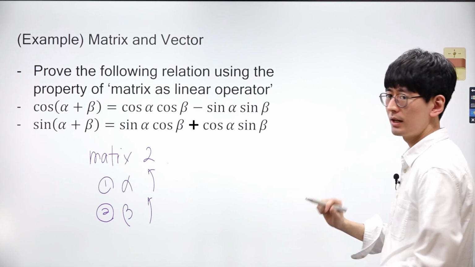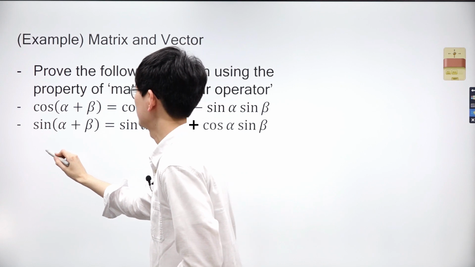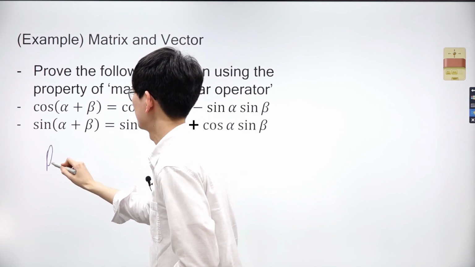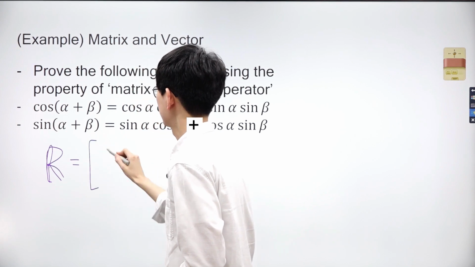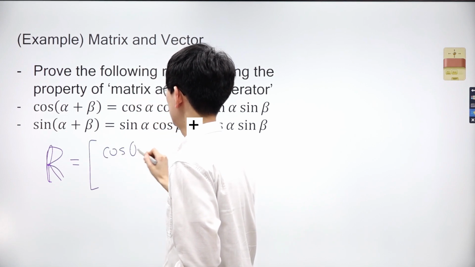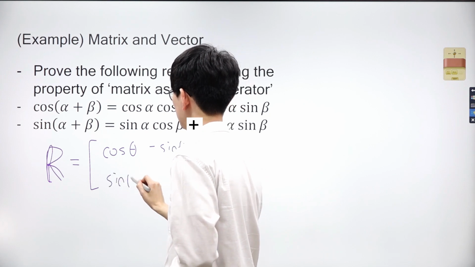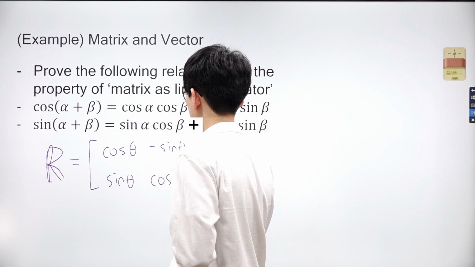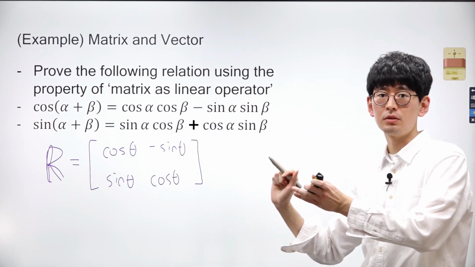Now, let's see what these rotation matrices look like. A rotation matrix comprising cosine theta, negative sine theta, and cosine theta, rotates the coordinate space by theta degrees.